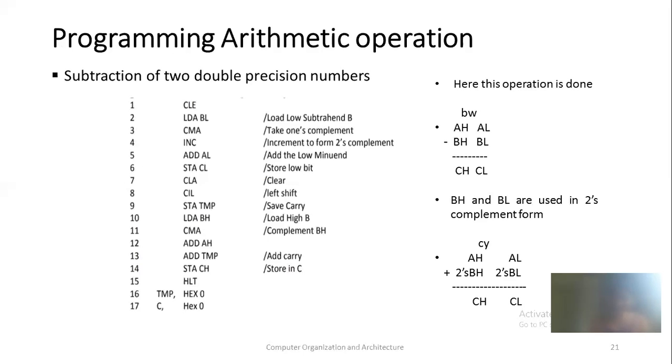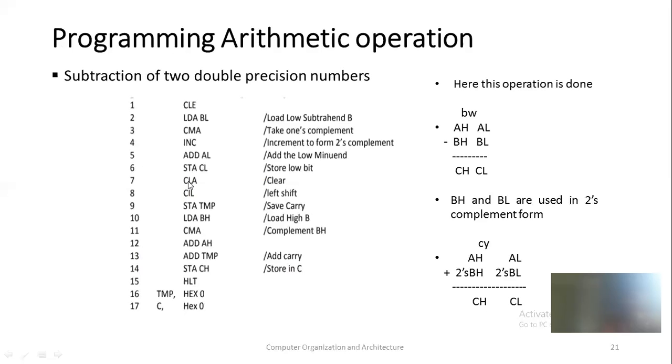For the second portion, in which you are going to do the subtraction AH minus BH, you also have to add any carry that is generated. So first of all we have to store this carry. If any carry is generated in this operation, we have to store that carry also. So how can we store it?